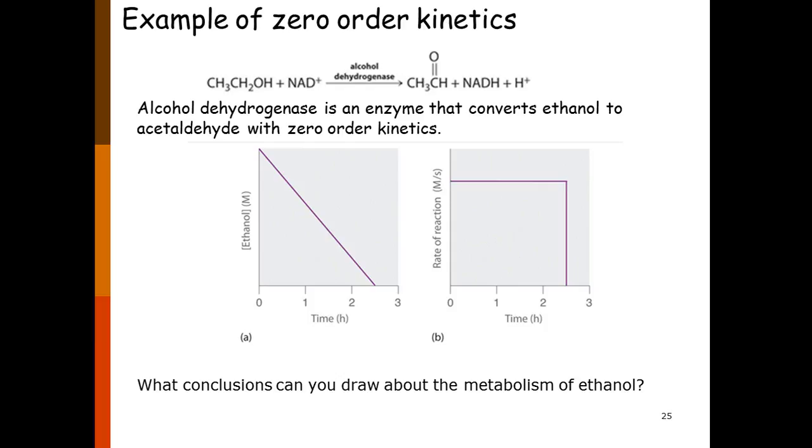You should be able to see that we have alcohol converting to a product called acetaldehyde, and the enzyme is called alcohol dehydrogenase. You can see that the ethanol is decreasing in concentration over time, and at about 2.5 hours, the ethanol concentration is basically 0.